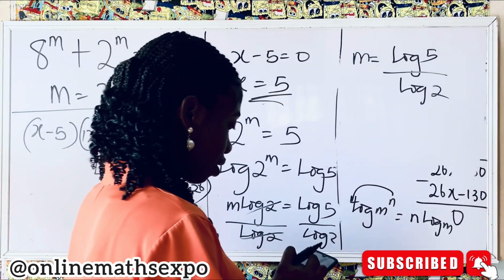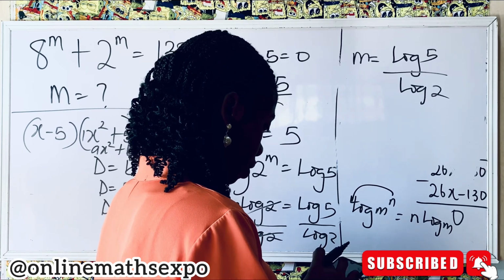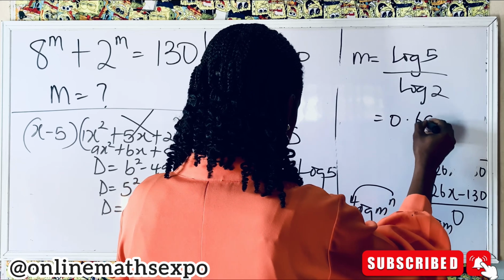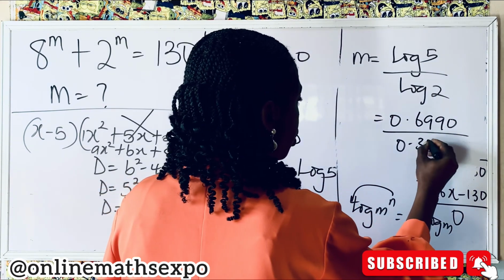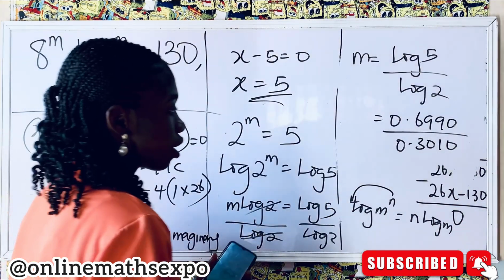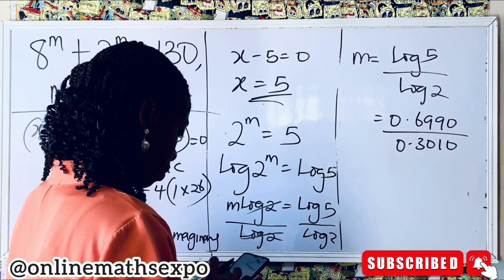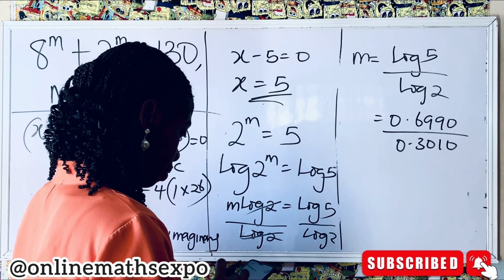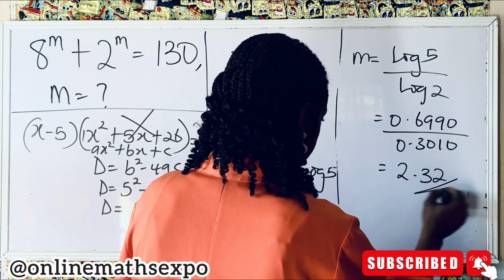Log of 5 will give us 0.6990, and log of 2 will give us 0.3010. Okay, so when you divide this, this will give us 2.32 as an answer.